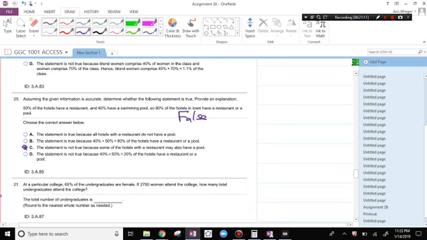Right, so the point is that there may be overlap. For instance, all of these hotels, 40% of these hotels may have a swimming pool.